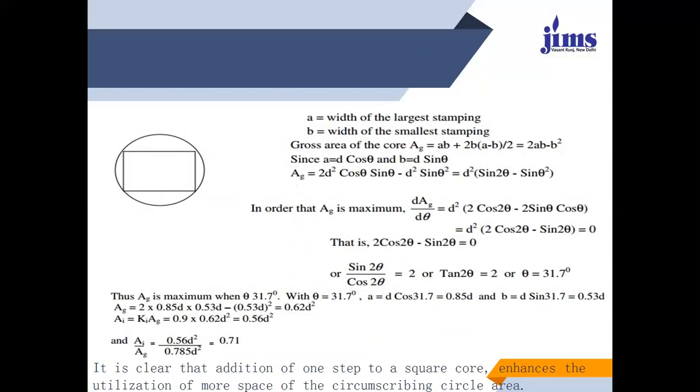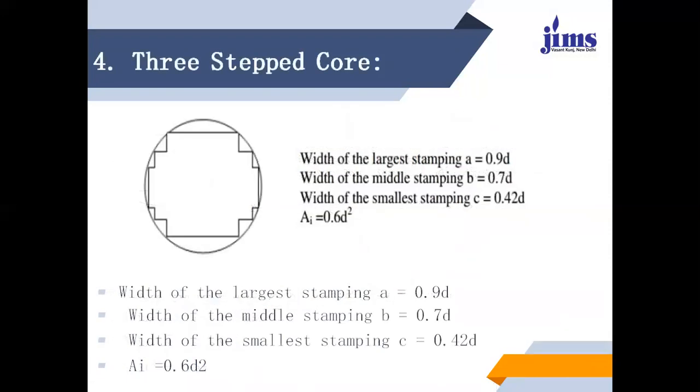Applying the same formula, we get a change to 71% when using this type of arrangement for making the core of the transformer. It is clear that the addition of one step to a square core enhances the utilization of more space of the circumscribing circle area.